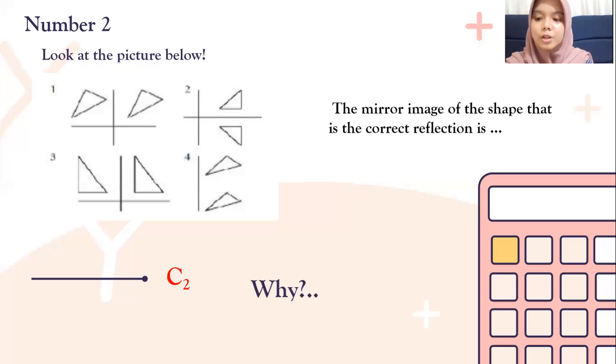Students must have memory of the concept first, and it's said they understand the reflection if they can provide an explanation or a more detailed description using their own words about why the answer is in the first picture, or in the second picture, the third picture, or the fourth picture.